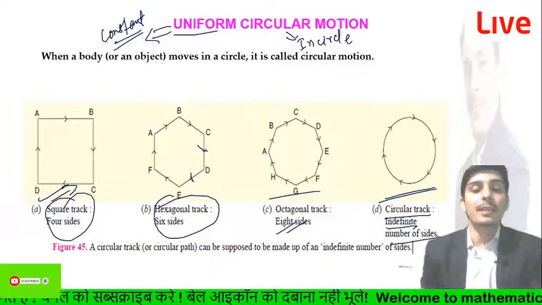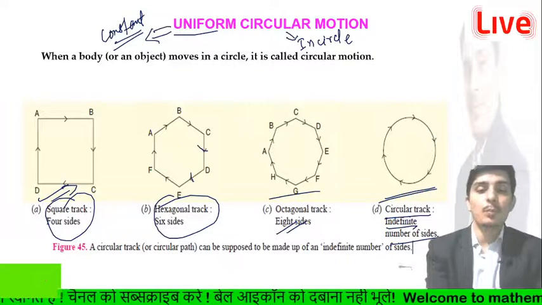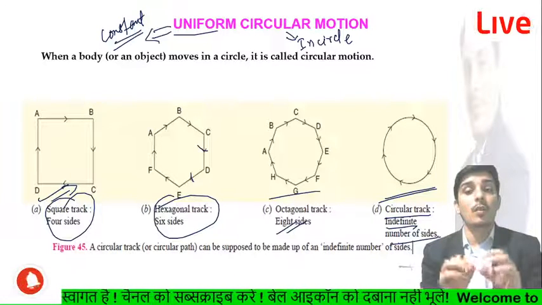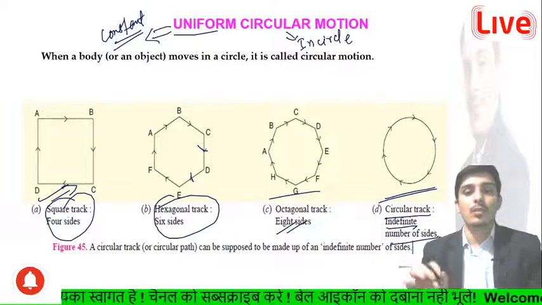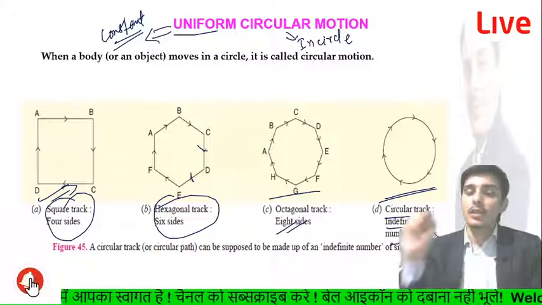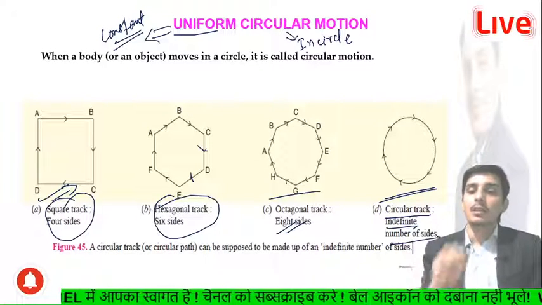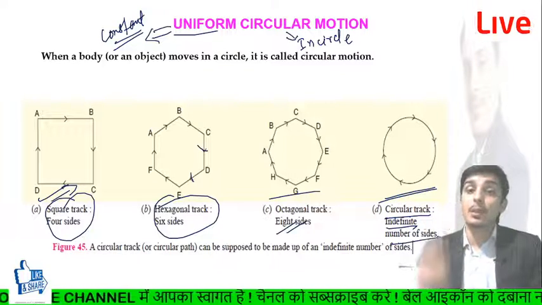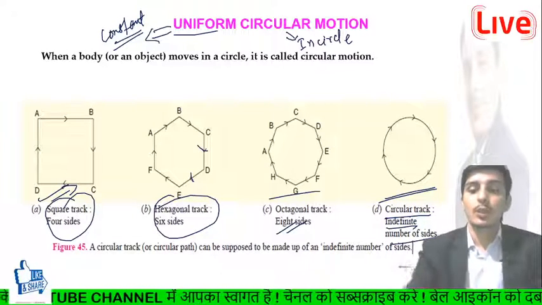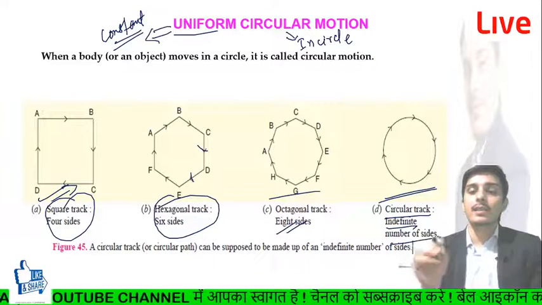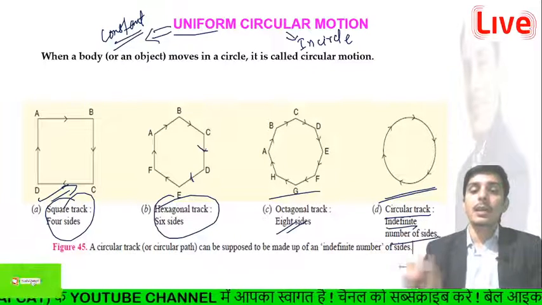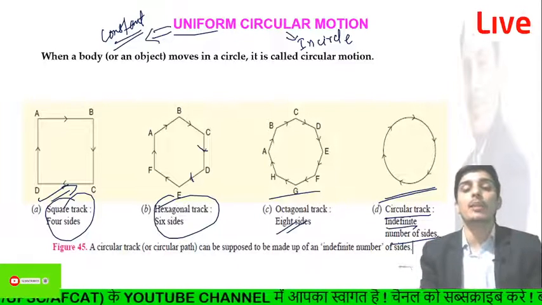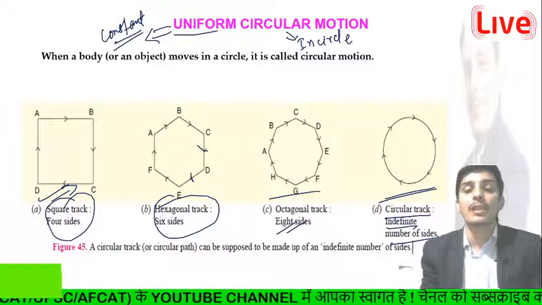Because it changes direction many times. If you move in a circular path, your direction will change at every second, at every point, right? So you can suppose that circular tracks are made of an indefinite number of sides, guys, right?